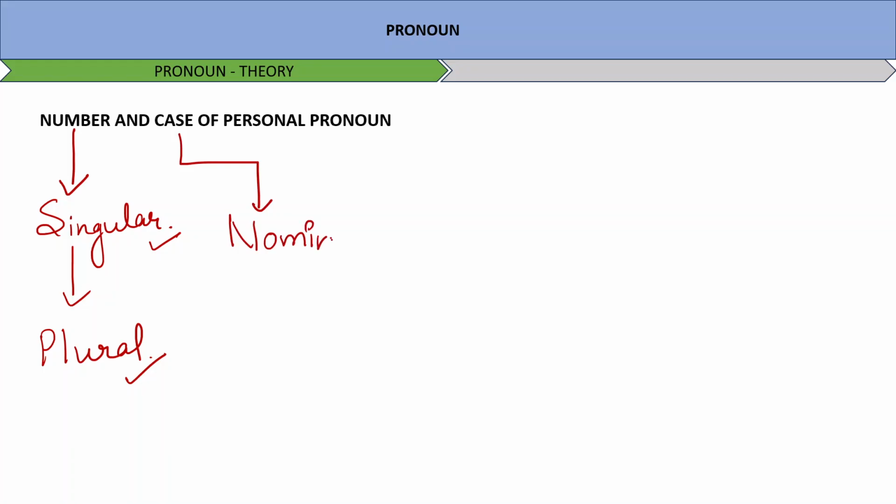Nominative case. Nominative cases are basically used as a subject, and they will always play the role of a subject. So nominative case anywhere, be it a noun or a pronoun, will always signify or denote a subject, okay. Remember it like this.